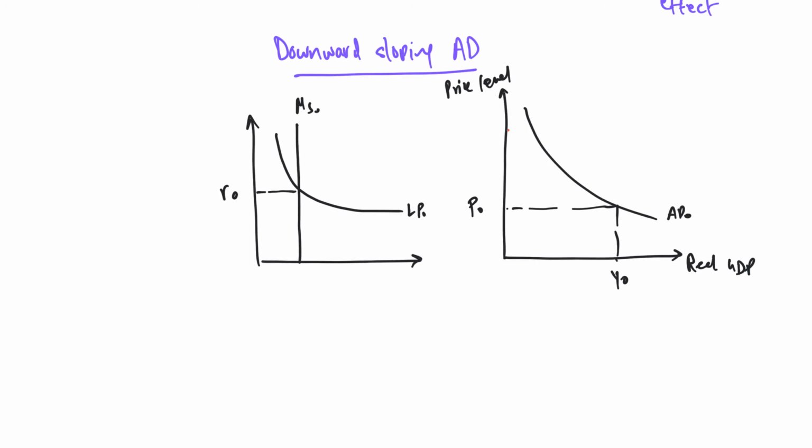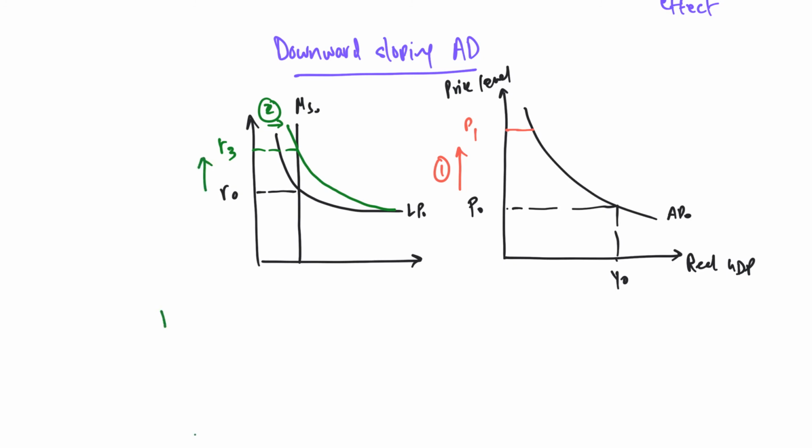Now what if the price level goes up? So let's call this number 1. When the price level goes up, remember we said that when nominal GDP goes up, demand for money goes up. When the price level goes up, suddenly people will find things expensive. Inflation की वजह से the demand for money would rise. So this would be number 2. Because the demand for money goes up, the interest rate would go up. Number 3.